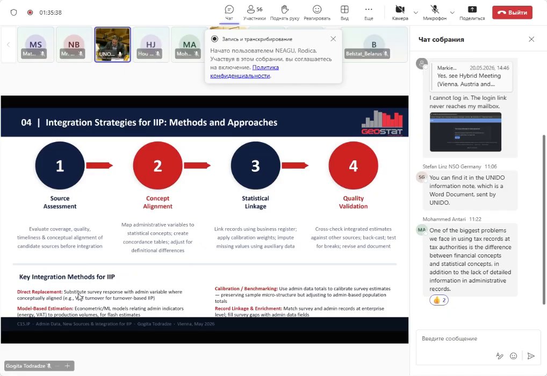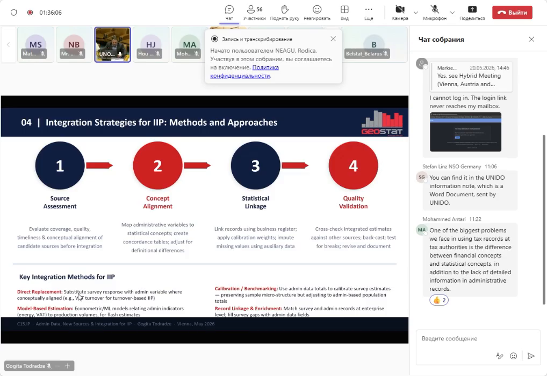The four integration methods are direct replacement via concept alignment, calibration using administrative totals to adjust survey estimates, model-based estimation to derive volumes from administrative indicators, and record linkage to enrich survey data at the enterprise level.